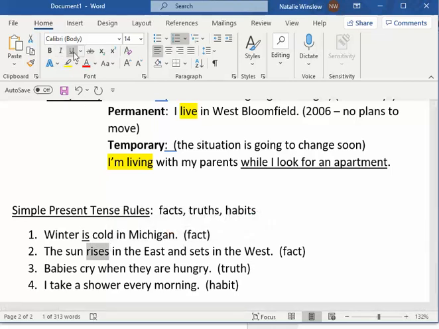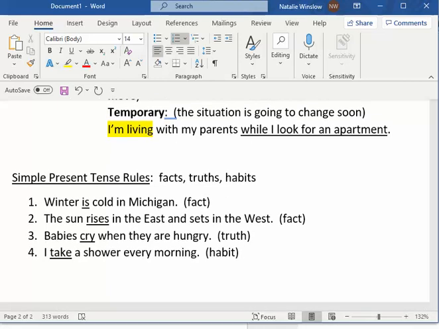When you have a fact or a truth or a habit, those are always in the simple present tense. All right.